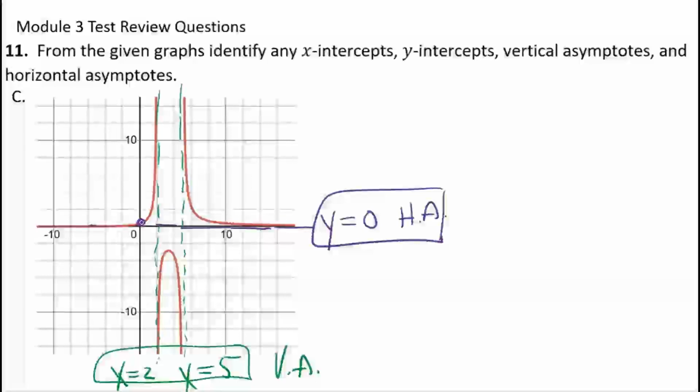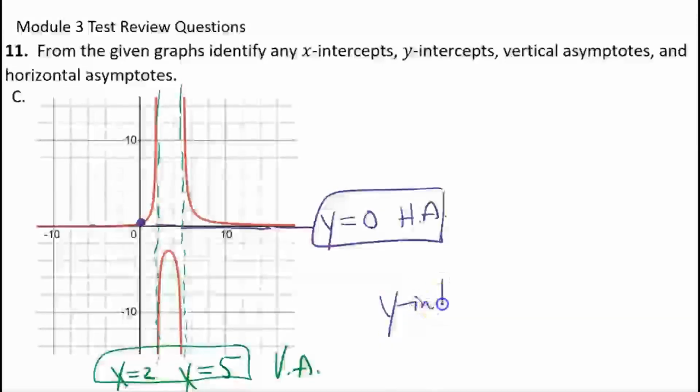I don't exactly know what that is. It's not 1, because it would have to be halfway up to be 1, because remember that line right there is 2. It's not 1, it's a fraction. And really, I accidentally gave you a graph where it's not easy to identify the y-intercept. So the y-intercept is questionable here.